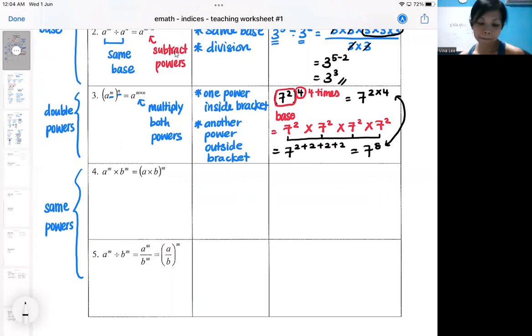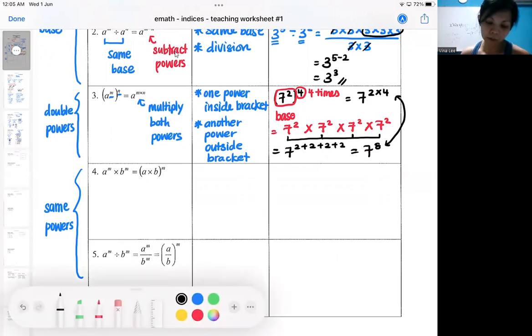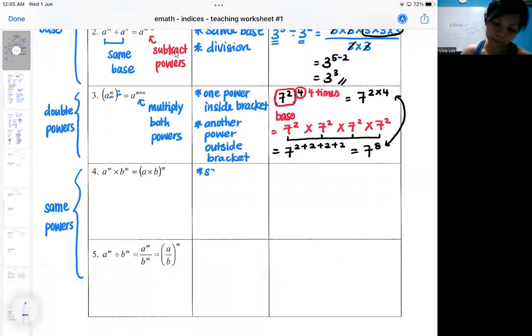So for same base, just now we have our first 2 rules. Same base multiplication, same base division. So right now, these 2 rules are based on same power. The bases are different. So they got same powers, but actually they got different bases.